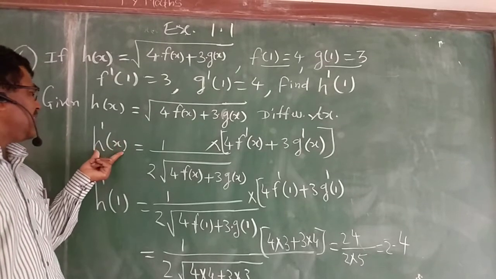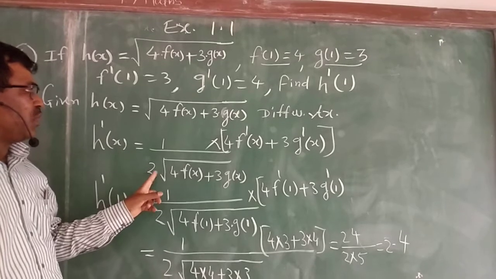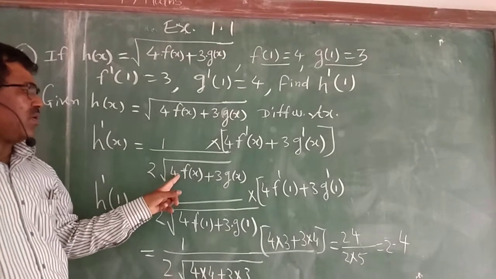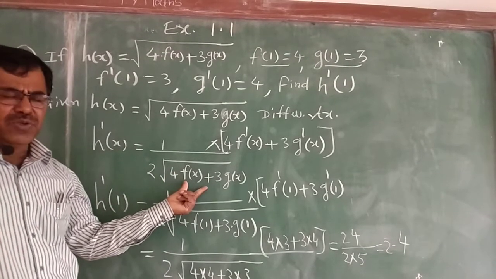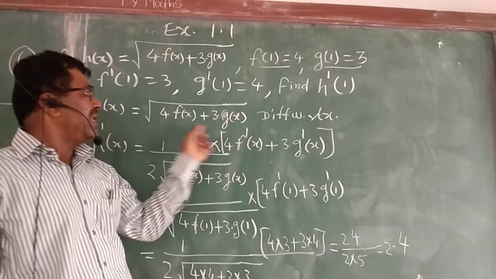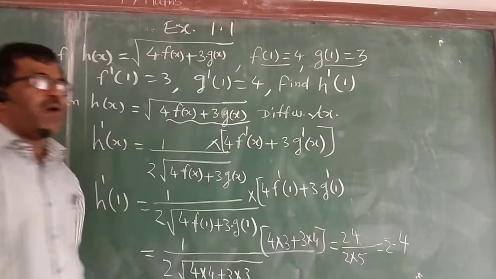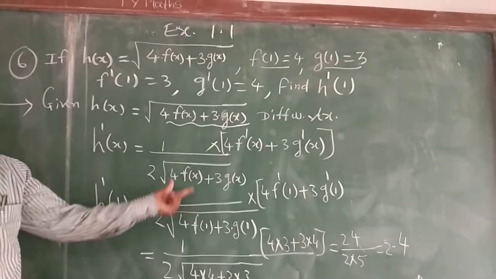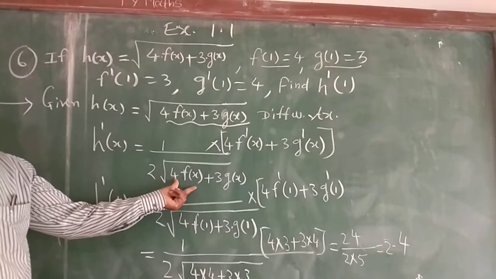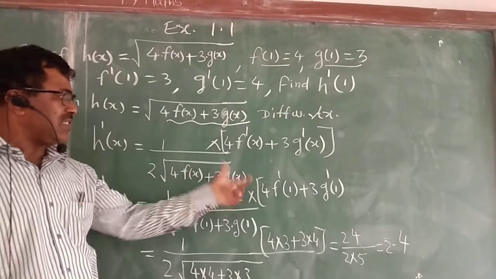That is, h dash x equal to 1 upon 2 root 4 into f of x plus 3 into g of x, into derivative of root f of x. What is the derivative of 4 into f of x plus 3 into g of x?